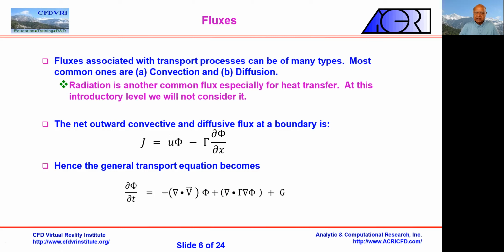On the average, a number of particles move from high concentration areas to low concentration areas, though they are fluctuating all around. The coefficient that determines that is called gamma, and it's the gradient that determines exactly what the total flux is. So the general transport equation, once we substitute for J, would become d phi by dt minus del dot convective term phi, diffusive term, plus G.